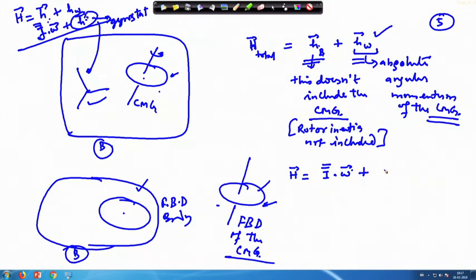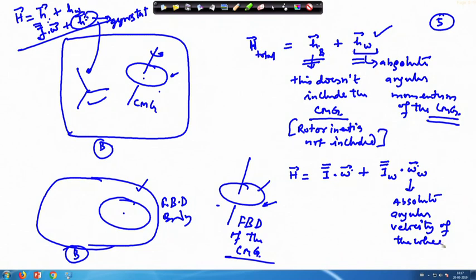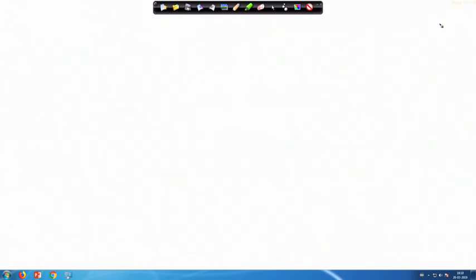the inertia of the wheel dot omega wheel. So, this is the absolute angular velocity of the wheel.